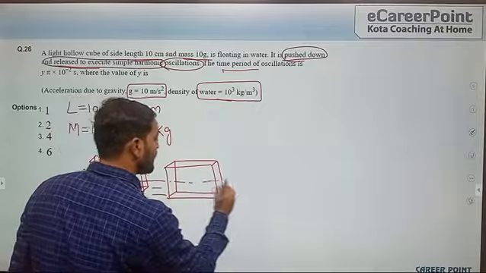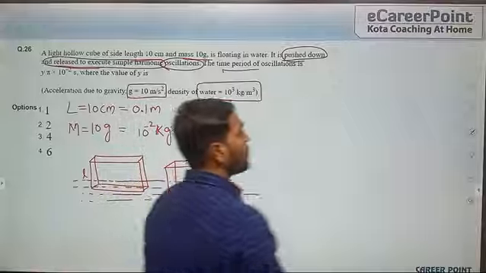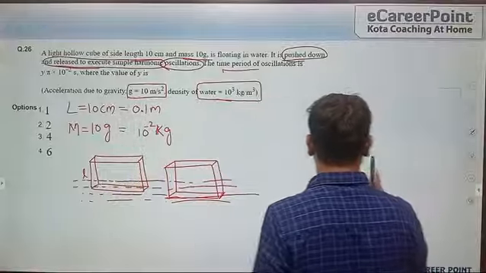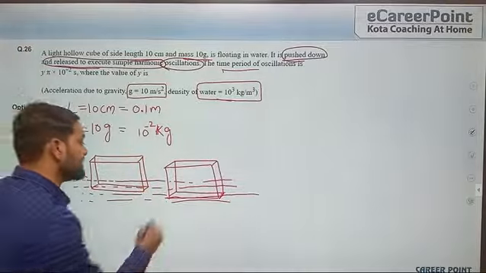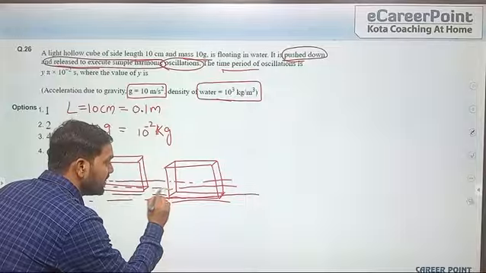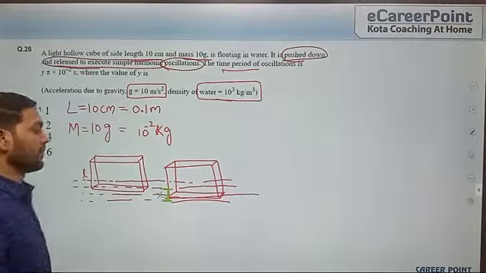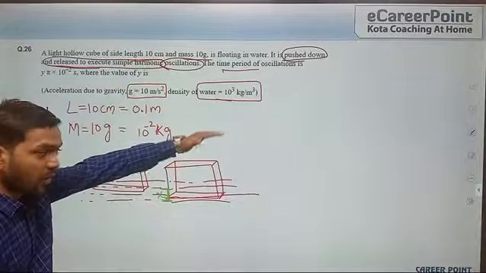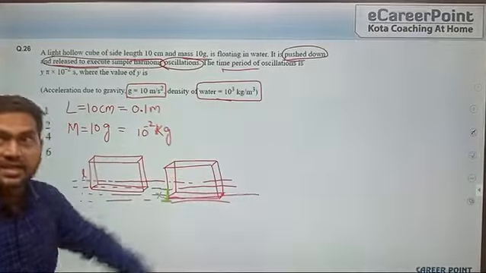Here we have the water. How much it gets displaced? Let us take x. From here to here we got the increase, so let us write x here. An x amount of the length of the cube is inside the water.